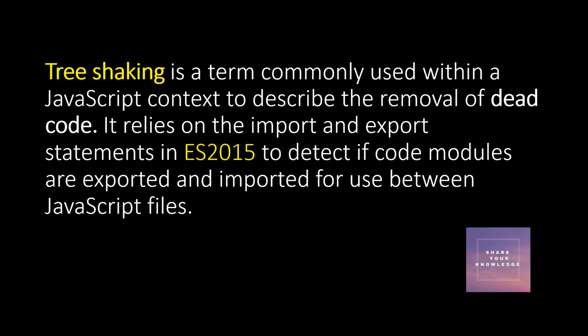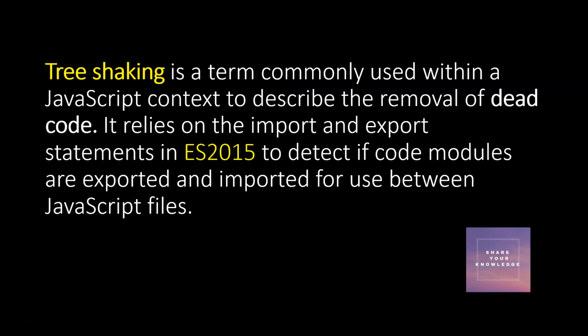This cannot be done in modules like CommonJS. If the application uses CommonJS, this cannot be done because those modules cannot be statically analyzed. The bundler can't analyze the code statically, and it will not have access to that in the build time.